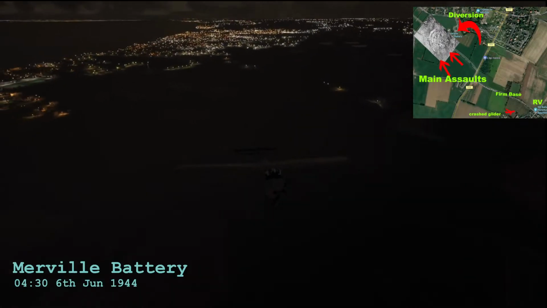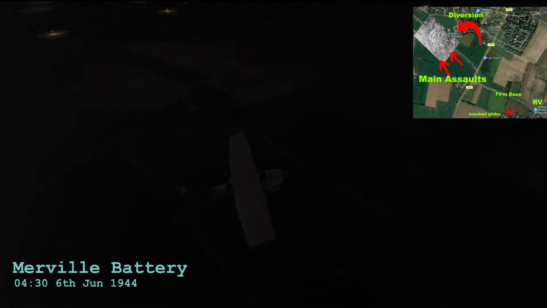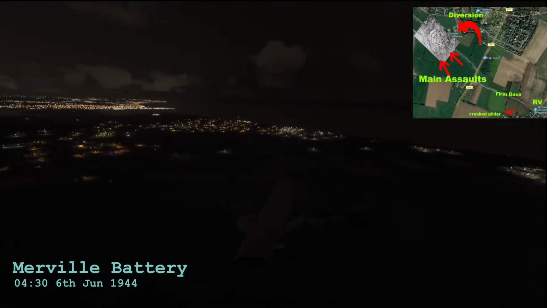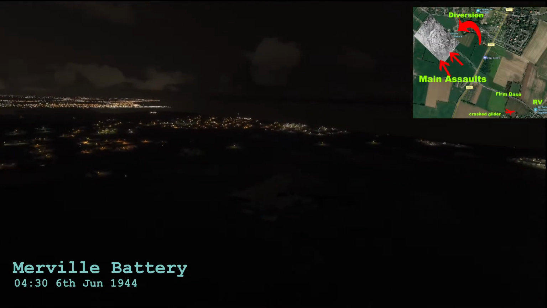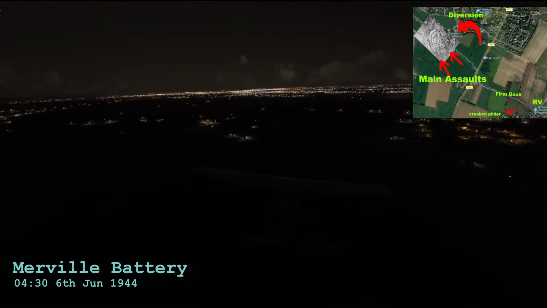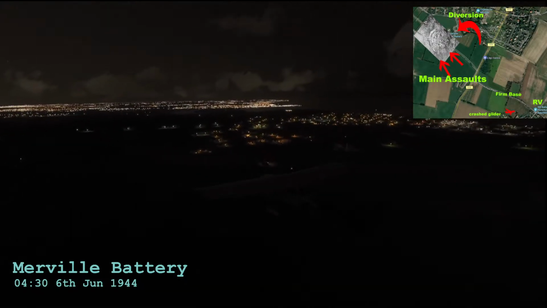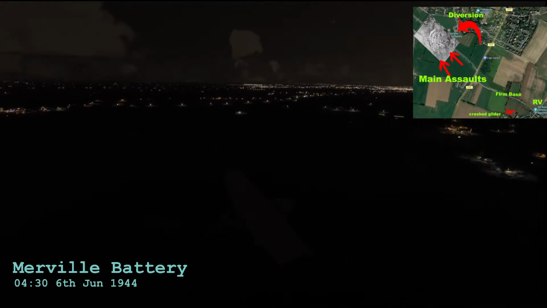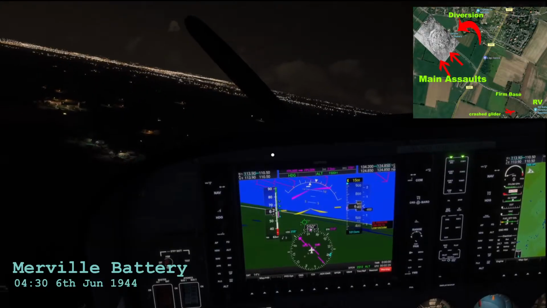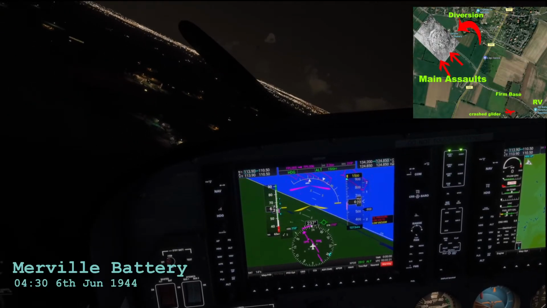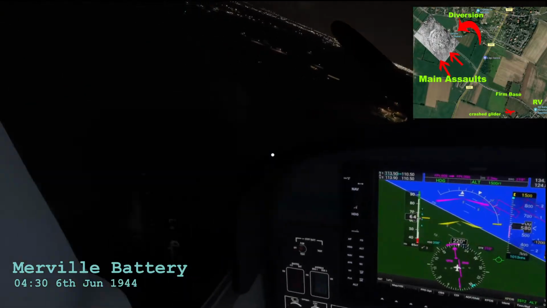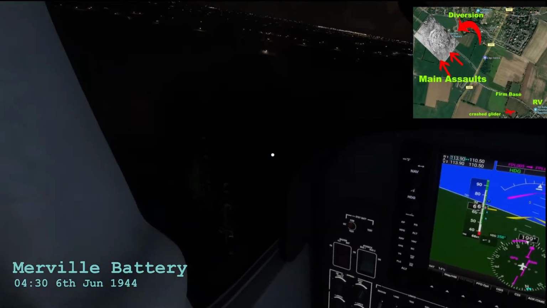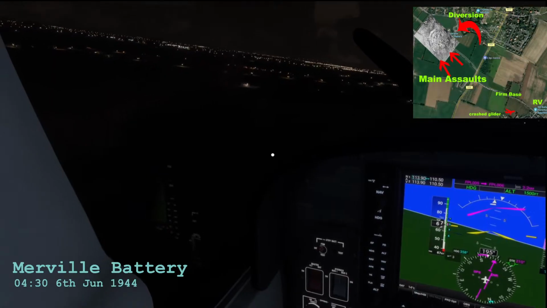If this is set to the correct moonlight as well, I think, for D-Day, you kind of just got to guess. So we're searching here, trying to find the battery.